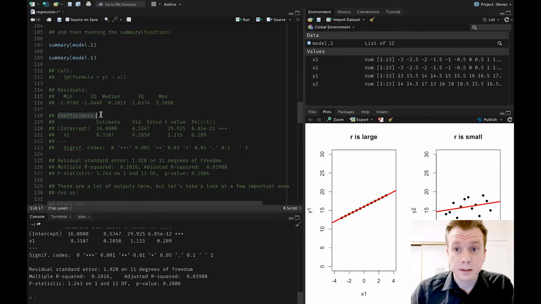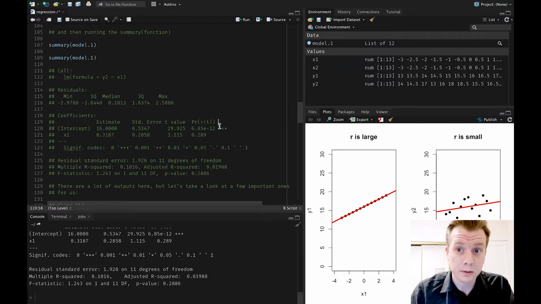These are the components of that line equation that I introduced earlier. We have our estimates, our standard error, our t-value. We're actually using the t distribution to calculate a t-statistic. And we have our p-value, which is based on, of course, the absolute value of our t critical value.